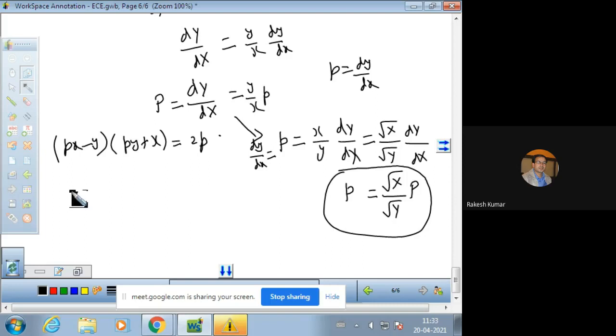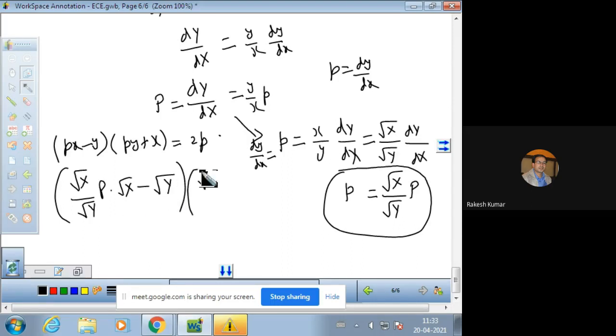Now put the values of small p here. You will have square root x over square root y into capital P and into x. The value of x is square root x and the value of small y is square root capital Y. Now we are in capital form.